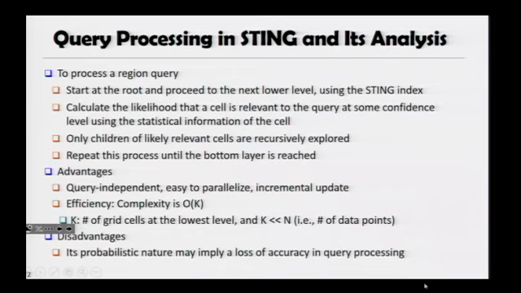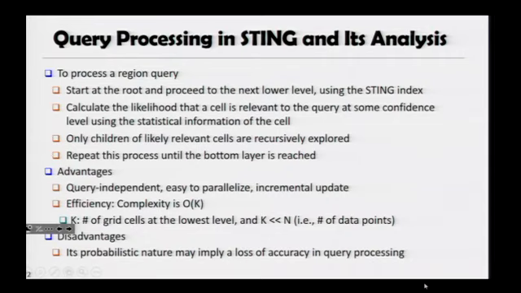The core idea here is the notion of the most relevant children cells for this target cell. They do this relevant cell search by computing the likelihood that a cell is relevant to the query cell at a certain confidence level.